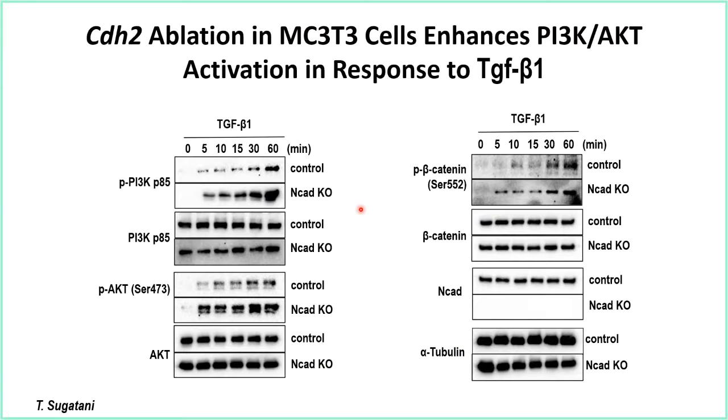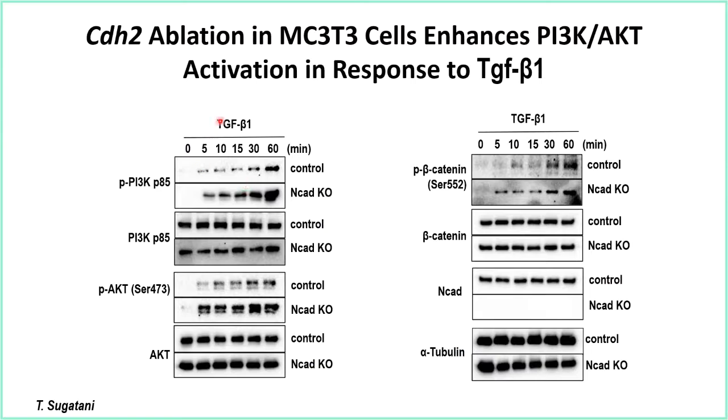I just want to point to the essence. So you have here control and N-cad negative cells, and you can see that the cell line is really knockout as far as N-cad, and that we have a pretty uniform loading.